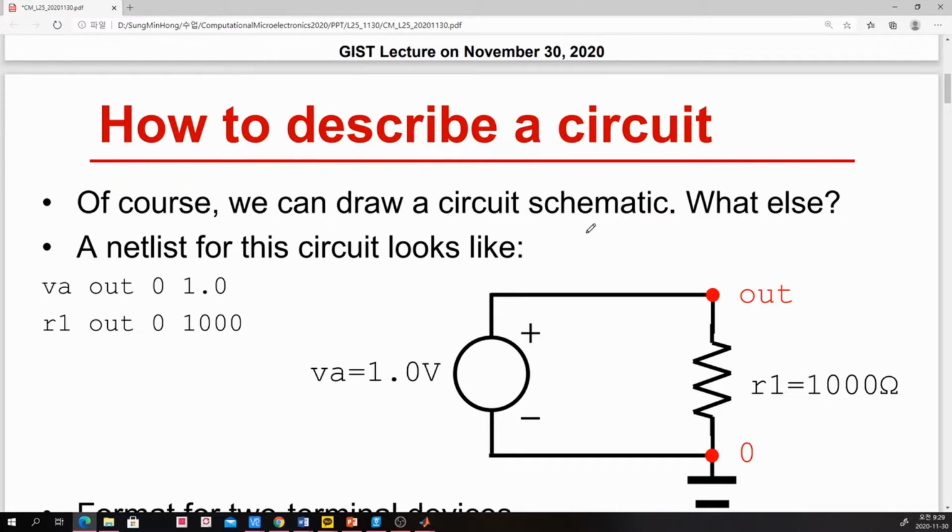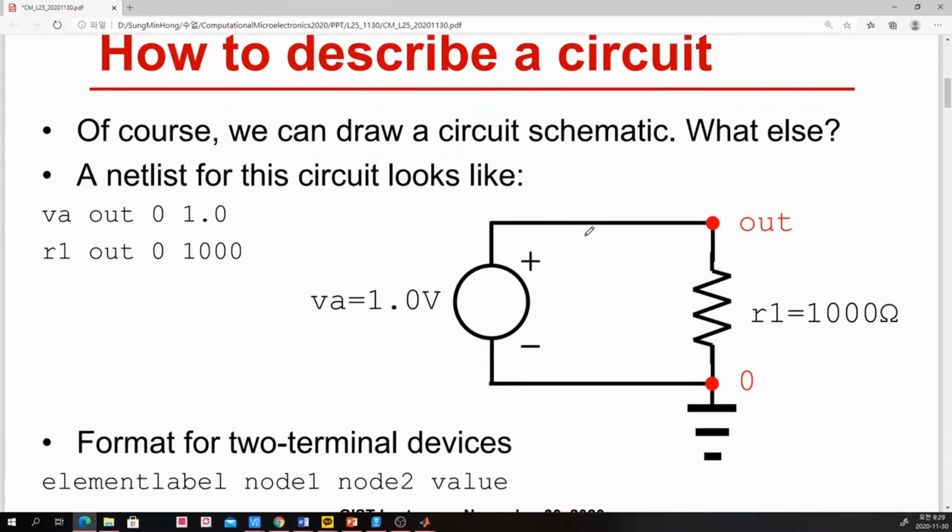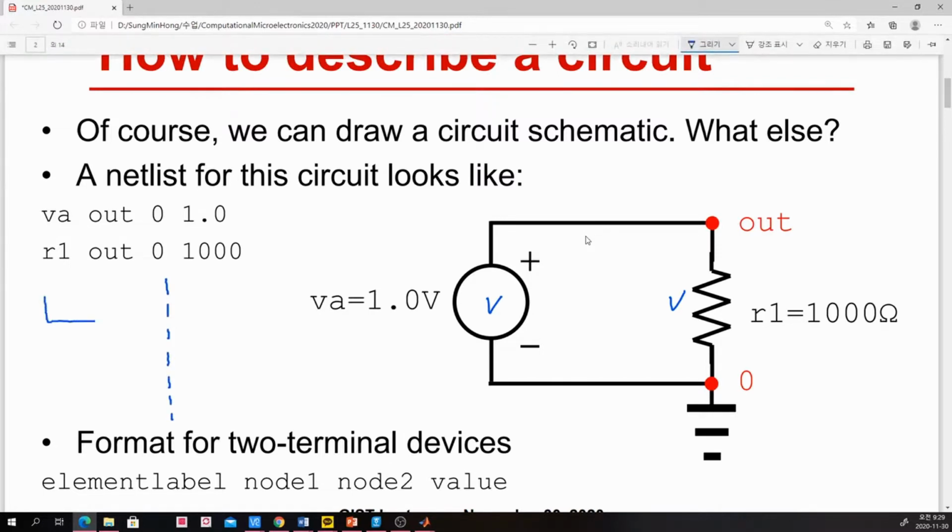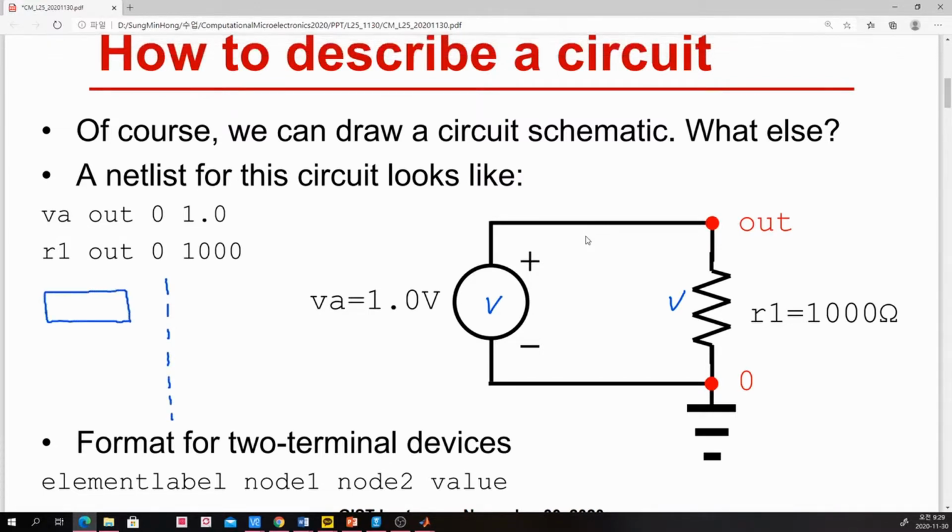So let's say that here we have a simple circuit, a voltage source and resistor. This is quite simple, but let's come back to your current situation up to now. When I give you the homework, usually I give you the structure drawn in this way, and please solve this system.